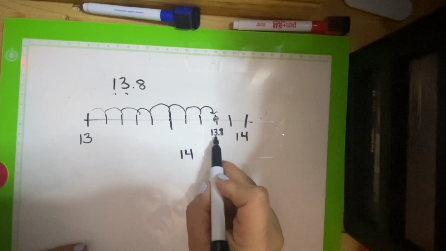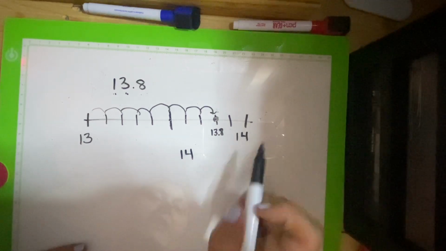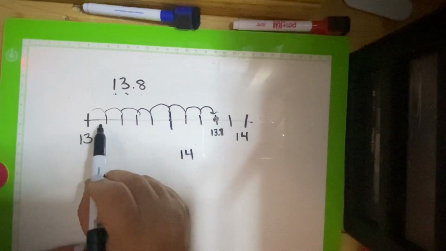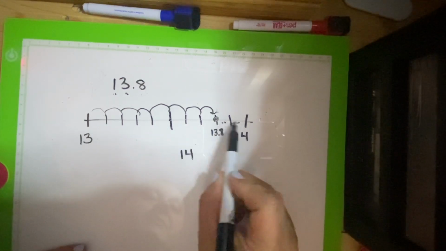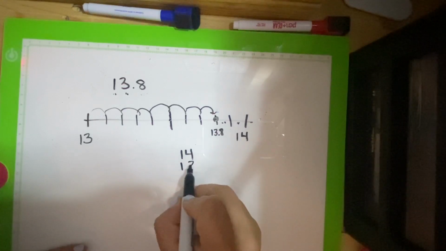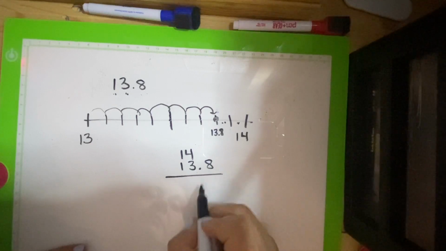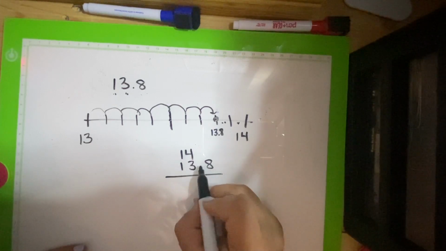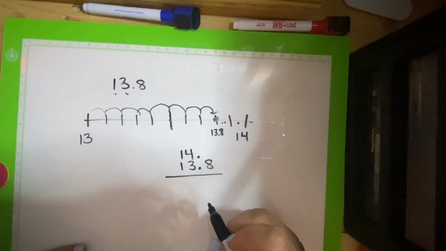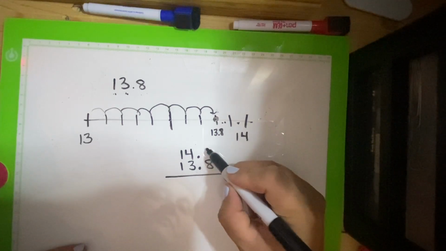If I take 13.8 away from that, whoosh, all this goes away, it'll give me what's left. 13.8. I know that this is a whole number, so my decimal is here. And I just fill this in with a 0.